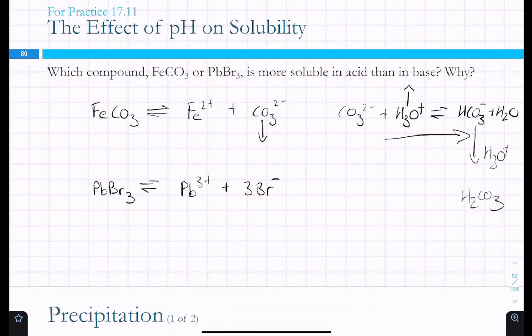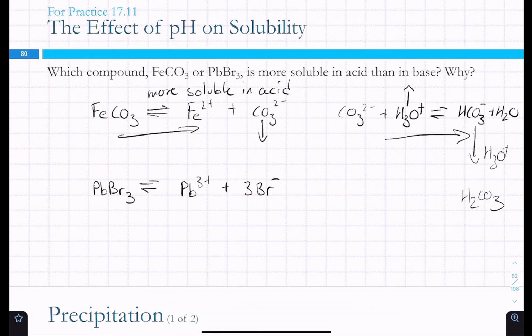Okay, so yes, if we decrease the carbonate concentration, because it wants to react with the H+, because a weak acid doesn't ionize very much, so if it is completely ionized, it wants to pick up hydrogens to go back the other way. So it decreases our carbonate, and this will shift that way. So iron carbonate is more soluble in an acidic solution.